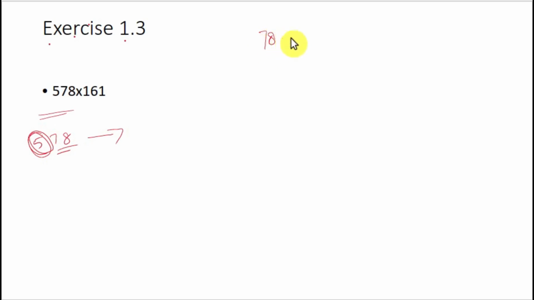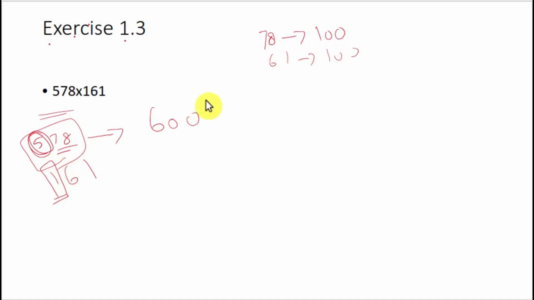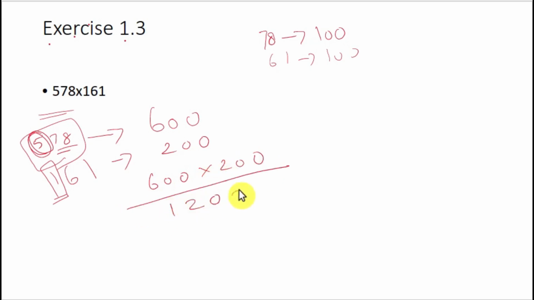If 78 is close to 100, so we have to change. 578 is close to 600. 161. Here 61 is close to 100. So 161 is close to 200. So 600 into 200 is the estimated product of these numbers.